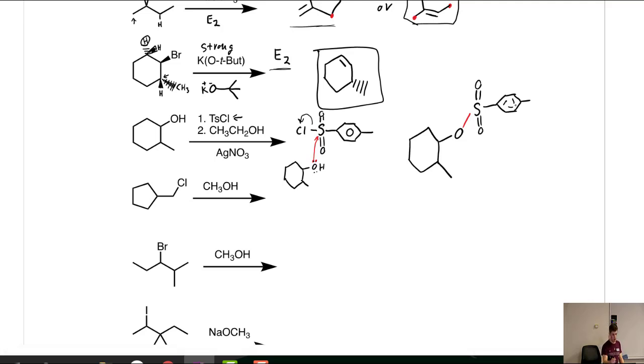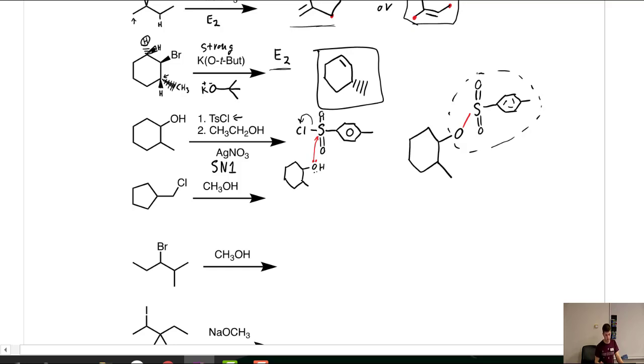Now I'm going to tell you, because this one's hard to know, this one's going to be SN1, since you'll be told on your quiz. This is SN1. So in an SN1 reaction, what happens first? Cation. So the leaving group's going to leave. Now this whole thing here is a good leaving group, right?